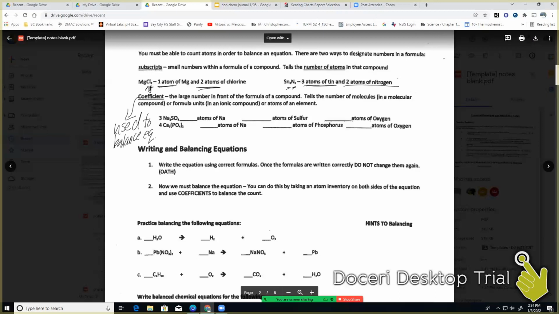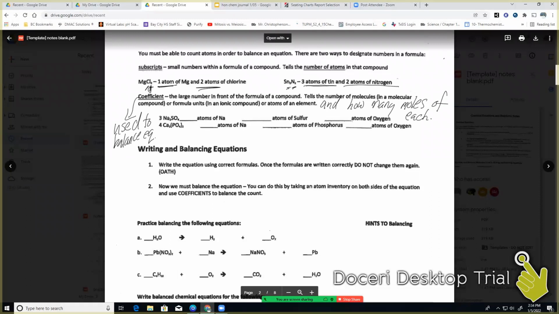It tells you the number of molecules if it's a molecular compound, formula units if it's ionic, or atoms if it's an element, and how many moles of each. So the coefficient tells you how many moles you have of each compound or element in that equation. And from here we go to stoichiometry, so we'll be using what's called the mole-to-mole ratio a lot.